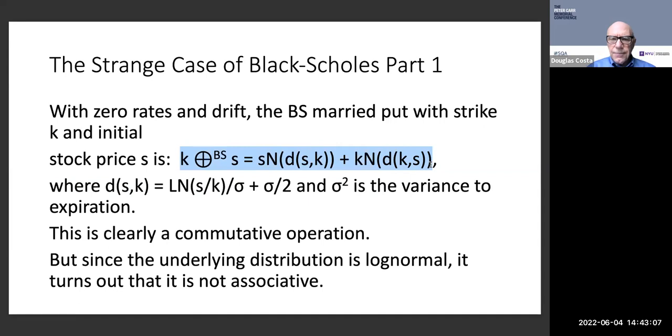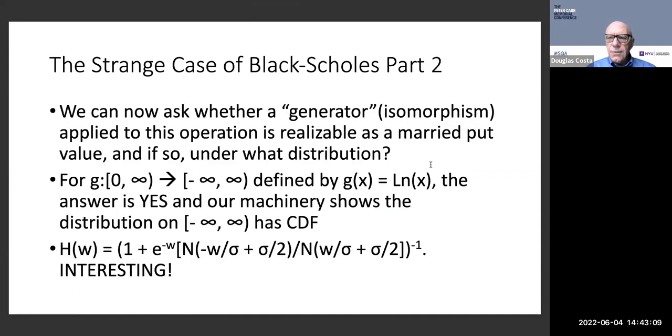So that's interesting. And this is just an example. We can ask if we apply a generator to that operation, can we realize it as a married put value? Well, the answer is yes. If you use the log generator to map onto the entire real line, then the answer is yes.